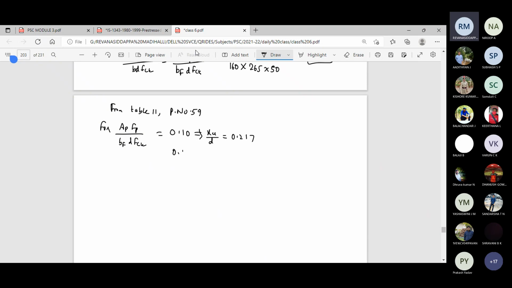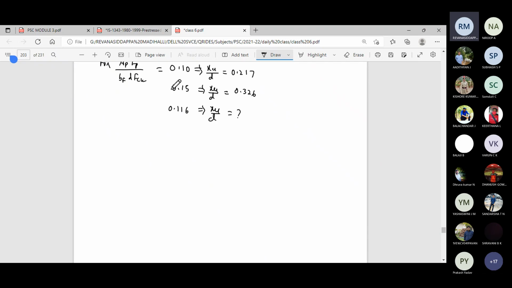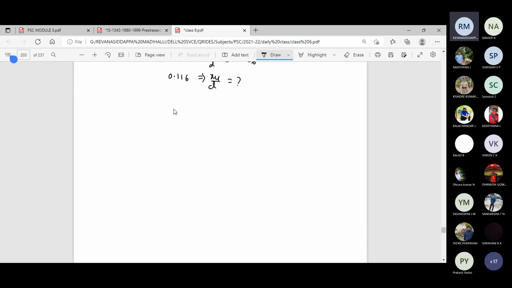For 0.15, corresponding xu by d is 0.326, and we want the value for 0.116. Just do the interpolation, you'll get the answer. After interpolation, xu by d value will be 0.252.